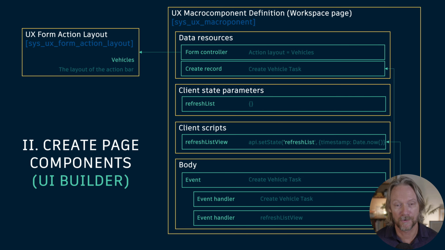Again, we'll go through each of these components one by one in the demonstration, and we'll continually refer back to this diagram here to show you what component we are creating. I've actually added a couple of other components here that are not absolutely necessary, such as refreshing the list, but they do definitely help with the usability of the workspace.